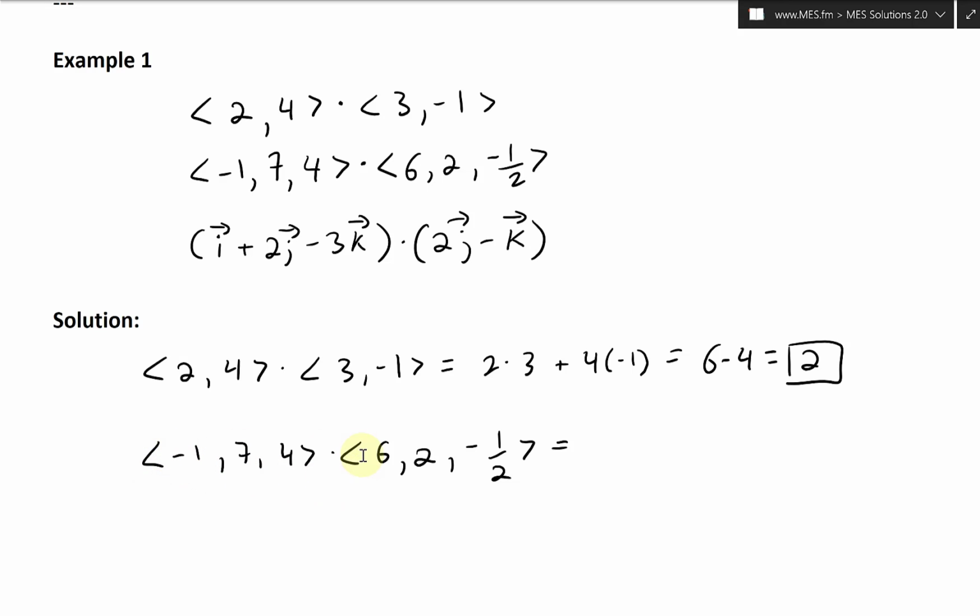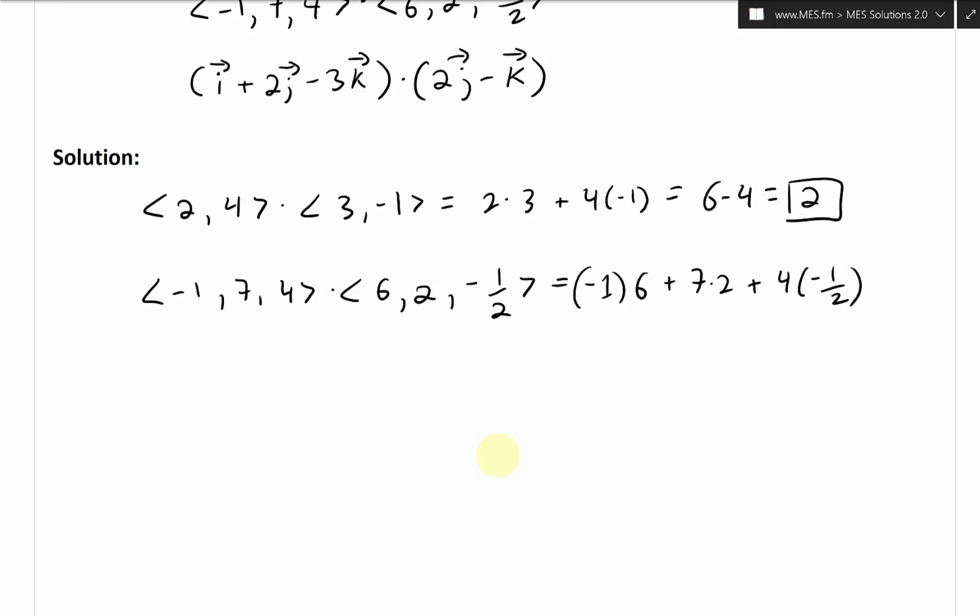We multiply -1 times 6, in brackets, plus 7 times 2, and then plus 4 times -1/2.